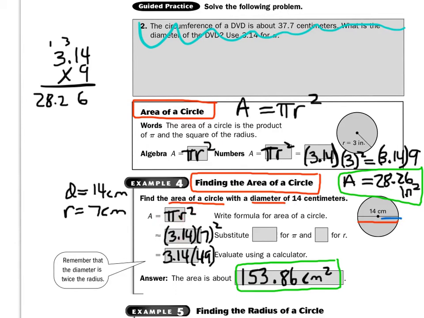So I put 3.14 for pi and 7 for the radius to the second power. Remember, you have to do the exponent first. So 7 to the second power means 7 times 7, which is 49. And then 49 times 3.14 would give me 153.86. And then it's centimeters to the second power, because area is always units to the second power.